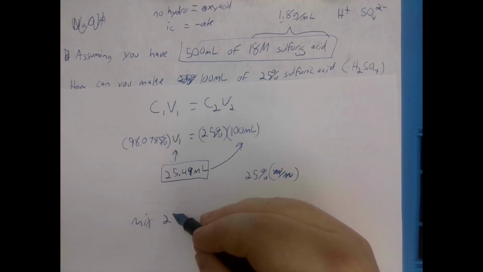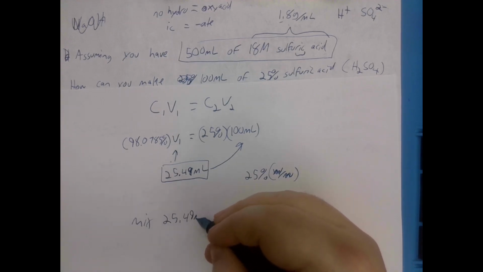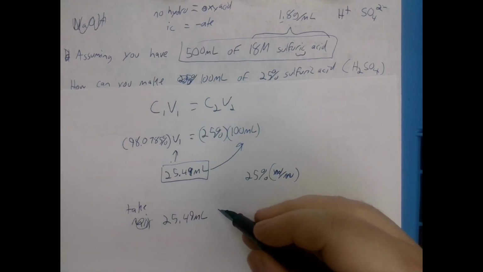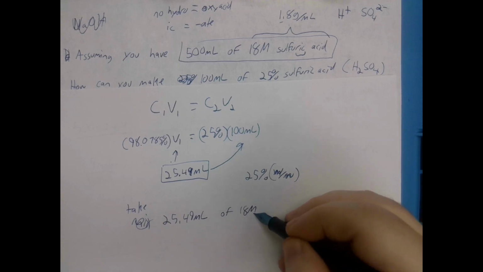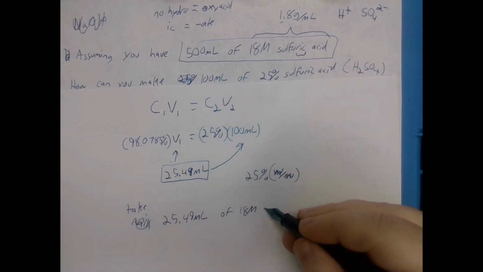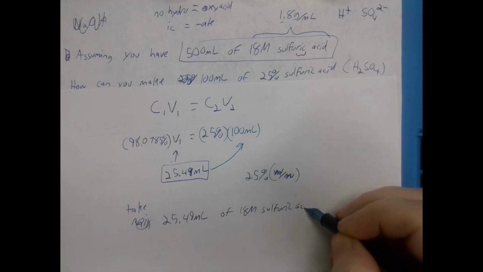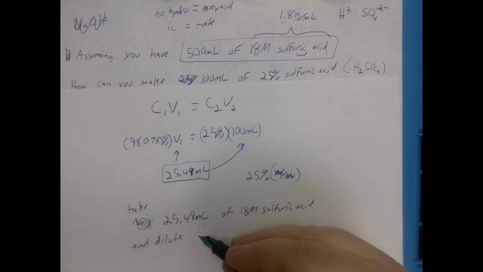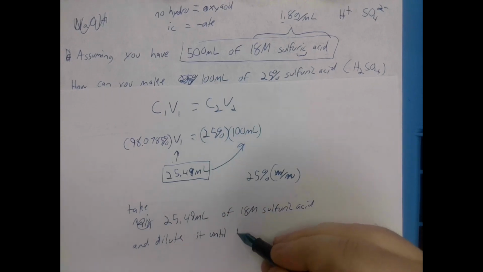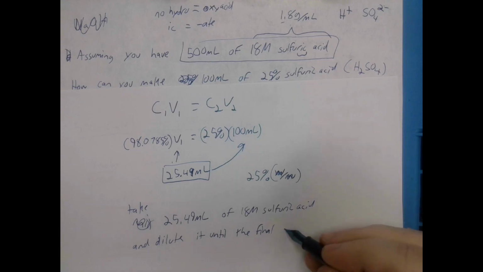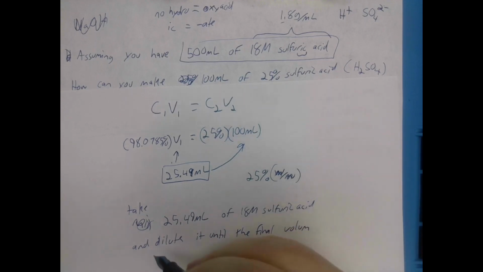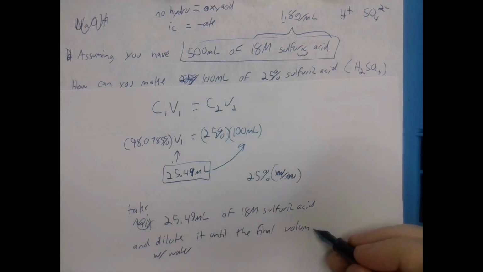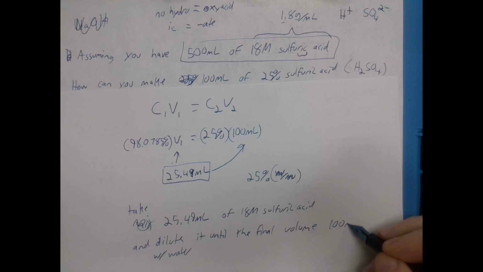Take 25.49 milliliters of 18 molar sulfuric acid and dilute it with water until the final volume is 100 milliliters.